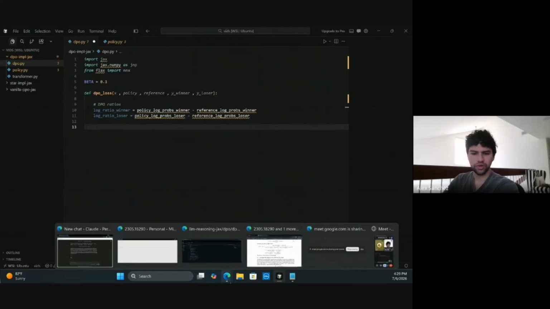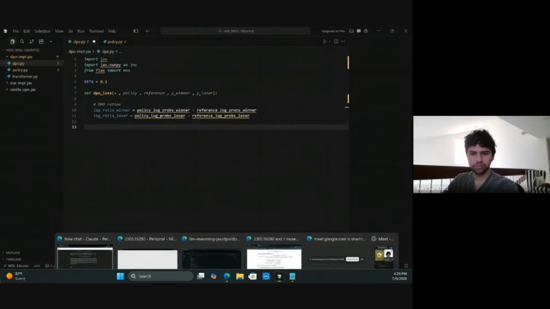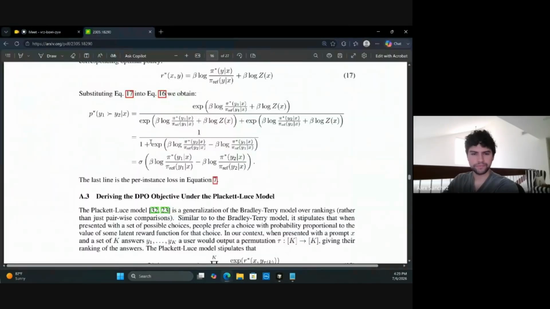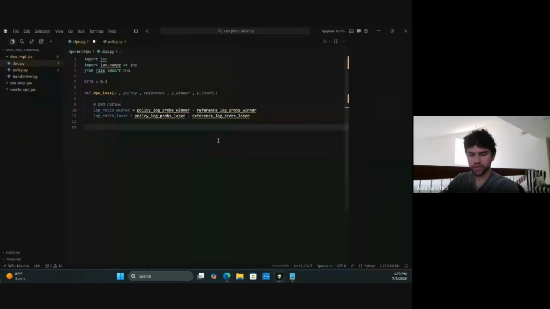And so looking at the paper, we can take this beta out, since it's multiplied between the two of them. What we just want to do is subtract the two. I'll call that the logits. So here we have our actual loss.